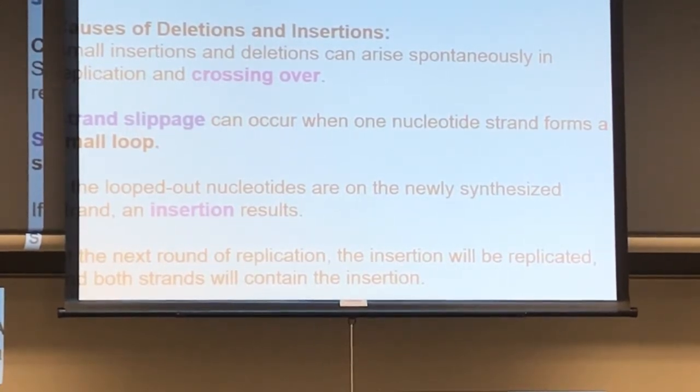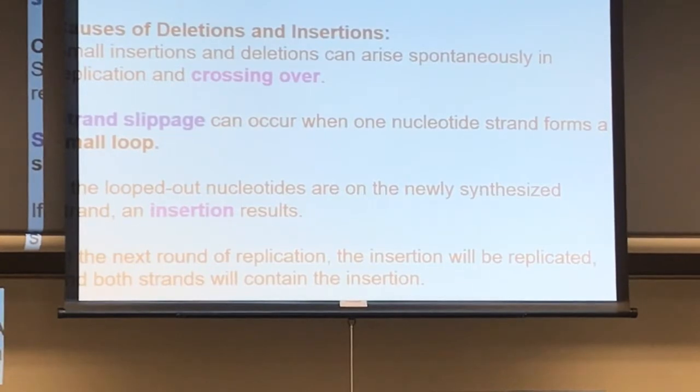You also see something called strand slipping, where nucleotide strands form a small loop. Once the loop is formed, the nucleotides are not seen by the polymerase and are skipped, or sometimes the loop is formed in such a way that a nucleotide is inserted as an extra nucleotide.